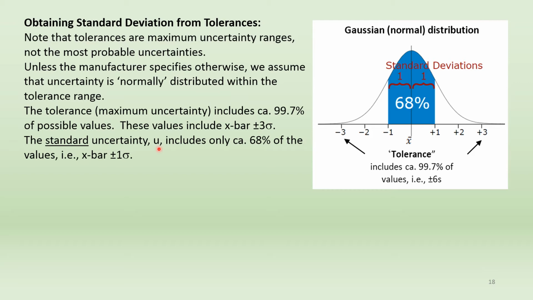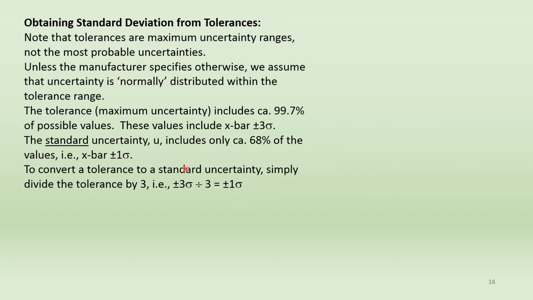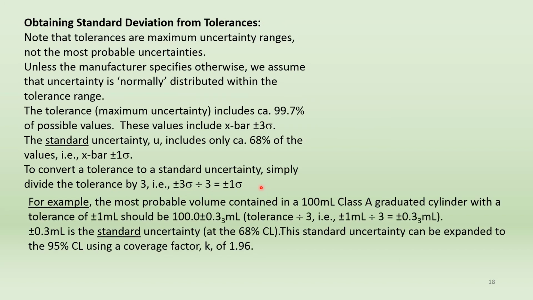They look alike, but in context we can keep them straight. So the standard uncertainty, u, will include about 68% of all the possible values, that is x bar plus or minus 1 standard deviation. So to convert a tolerance to a standard uncertainty, simply divide the tolerance by 3, because 3 sigma divided by 3 is plus or minus 1 sigma.